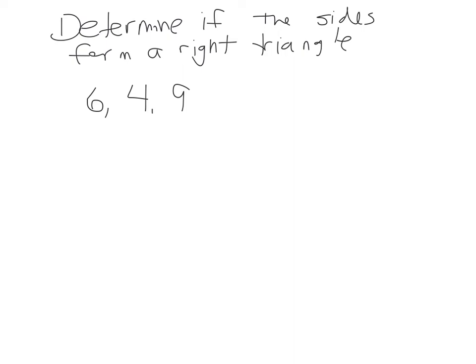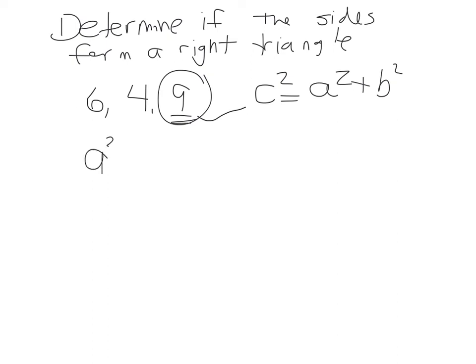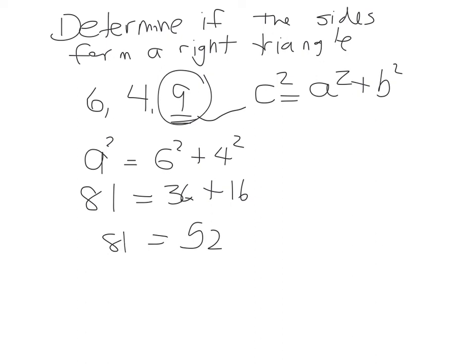We're going to use c squared equals a squared plus b squared, but the longest side always has to be c. So I've got to put 9 in that place of c. So I'm determining, does 9 squared equal 6 squared plus 4 squared? 9 squared is 81, 6 squared is 36, plus 16. 36 plus 16 is 52. So no, because these are not equal, this is not a right triangle.